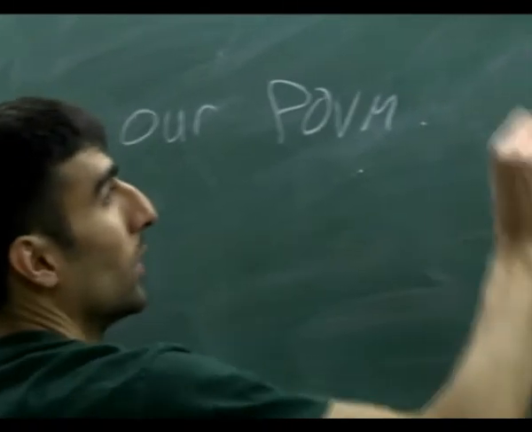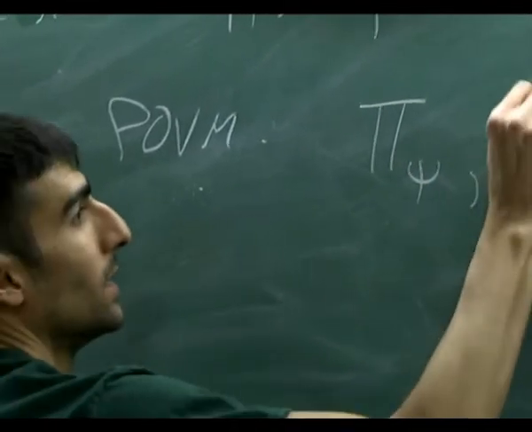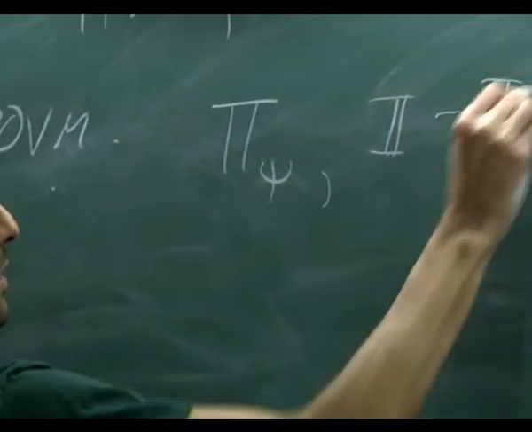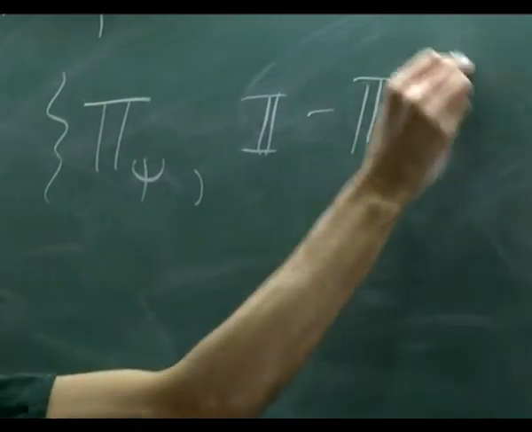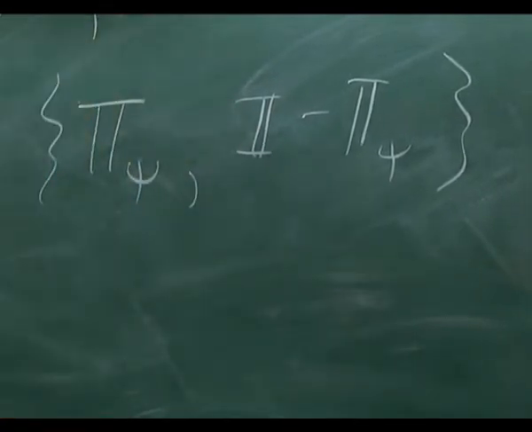Okay, so now our distinguishing POVM. Here it was a 3-element POVM, here it's going to be a 2-element POVM. And so I'm going to write our POVM as pi psi, and then the identity minus pi psi. So this is going to click when we get psi, and this is going to click when we have rho.